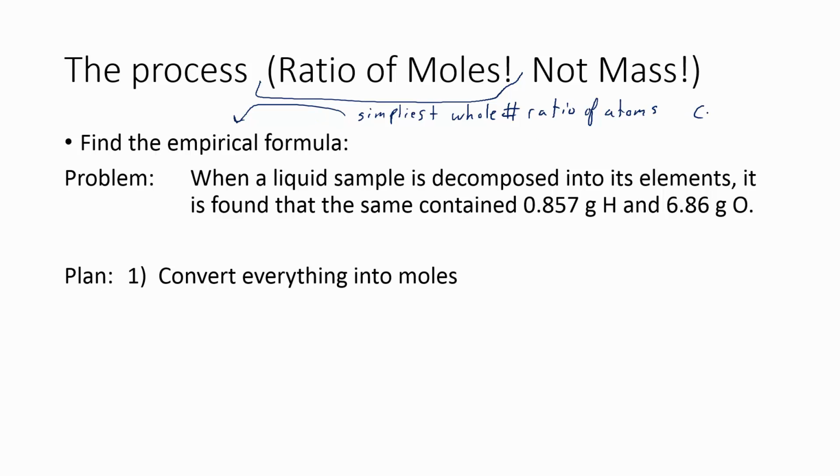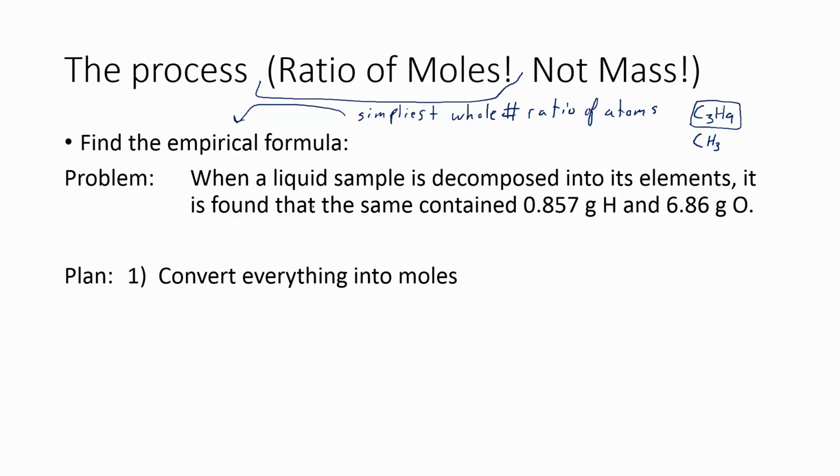So just for instance, if we had C3H9, which probably doesn't actually exist, but work with me here, the empirical formula for this molecule would be CH3. It's the simplest whole number ratio of these 3 and 9.